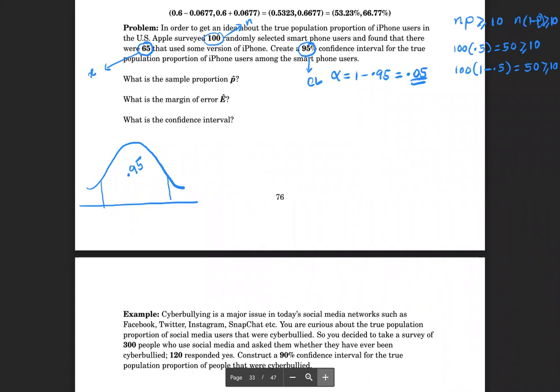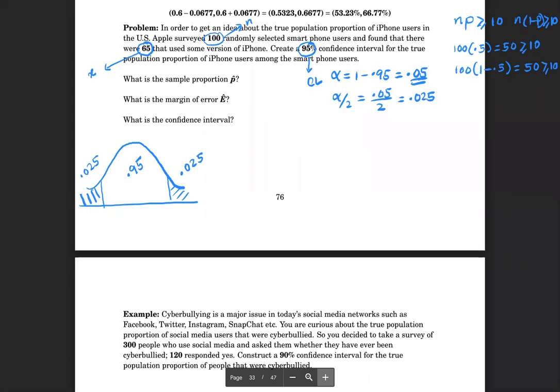Find the right side and the left side, which is alpha. So alpha over 2 is going to be 0.05 divided by 2, which is 0.025. It's exactly what we had last time, 0.025. Similarly, this is 0.025.